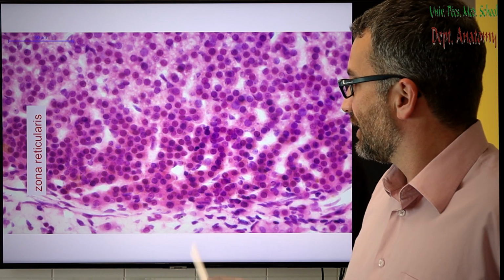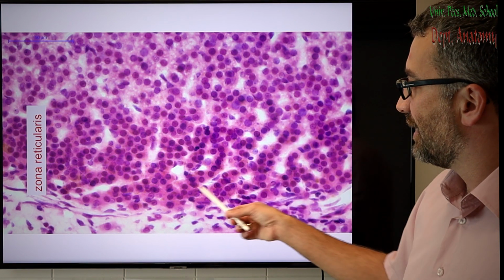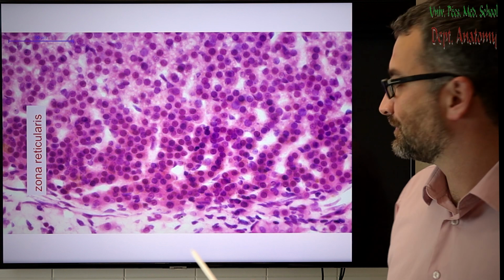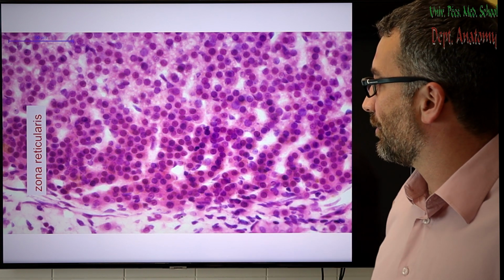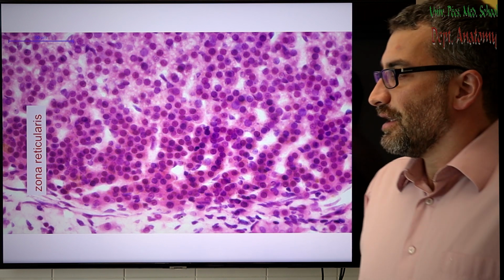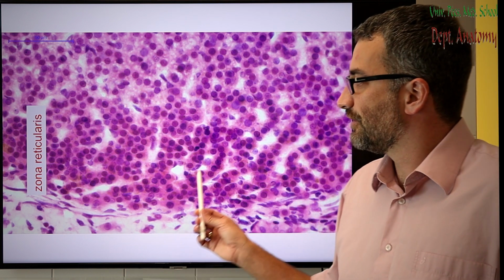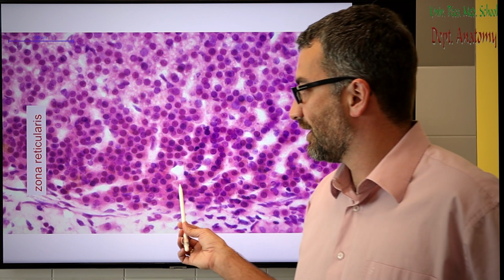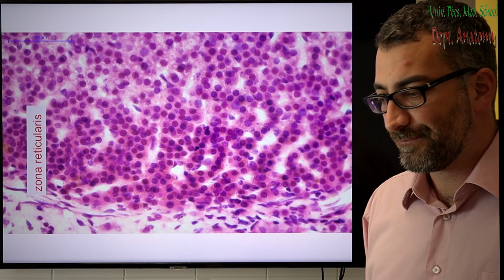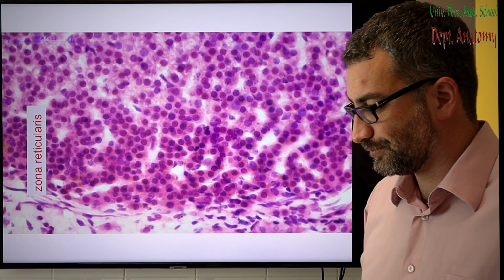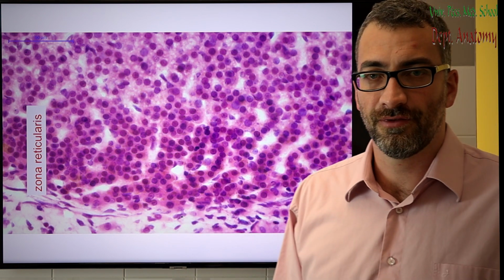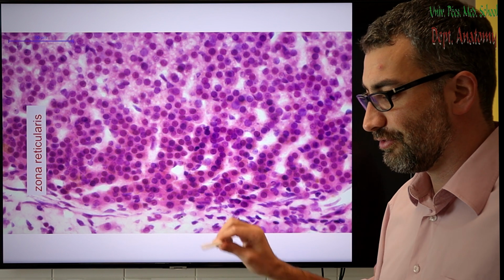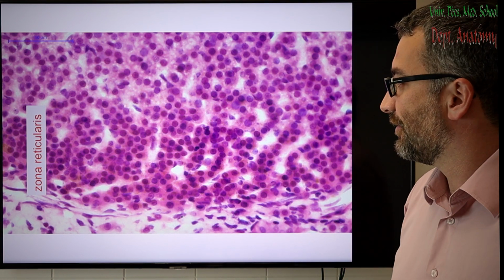The zona reticularis is again a layer of cells where the cytoplasm is thinner, although the staining is a little bit darker or more intense in this case. This layer, zona reticularis, contains cells which are active in a certain period of the lifetime, not throughout the whole life.